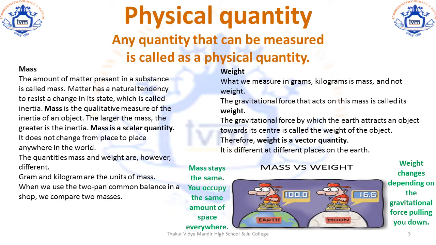So a scalar quantity requires only magnitude, so mass is a scalar quantity. Magnitude is just size or extent of something. But when you think about weight, it's something that's pulling or pushing in a certain direction, something acting upon something in a particular direction. So you have magnitude, that is something, and you have direction acting on that something. So weight is a vector quantity.